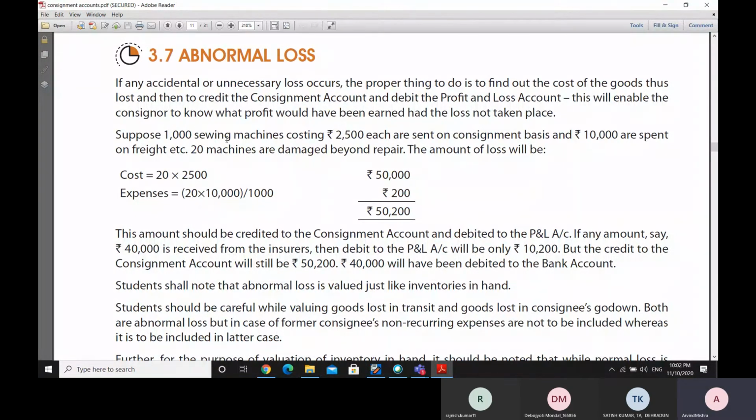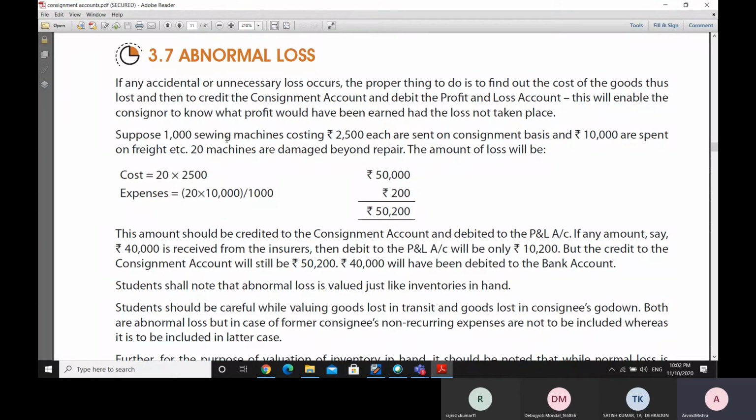So for that purpose, in order to ascertain the correct amount of profit that he would have obtained, he will credit that amount to the consignment account and debit the P&L account.